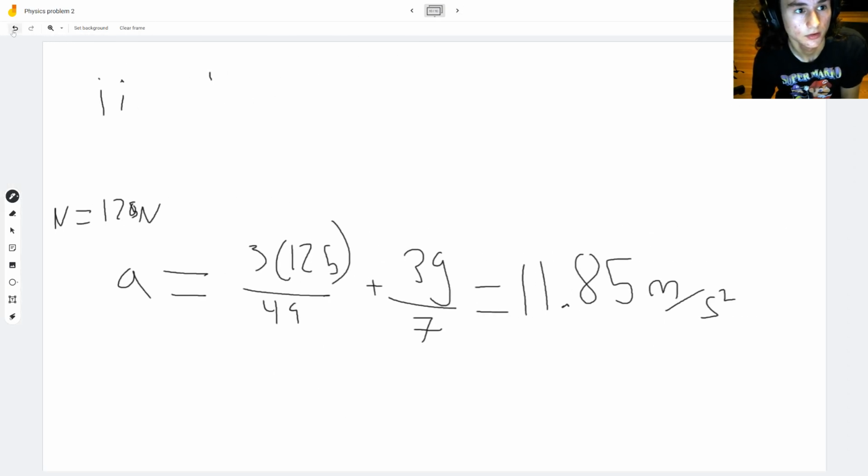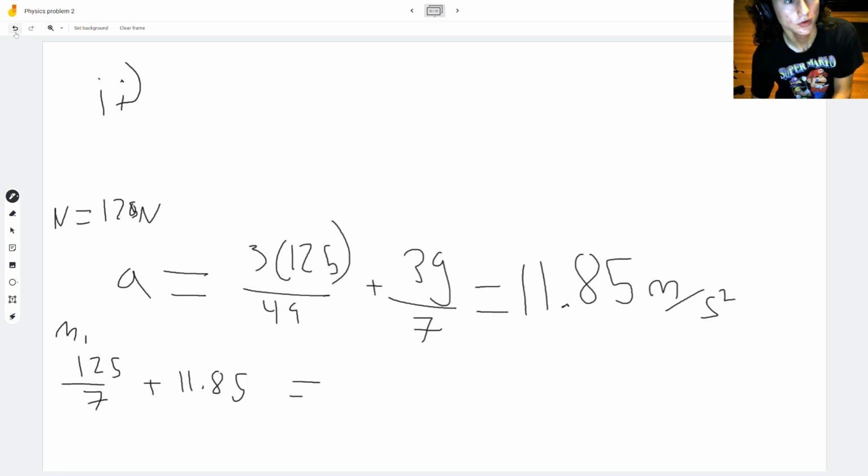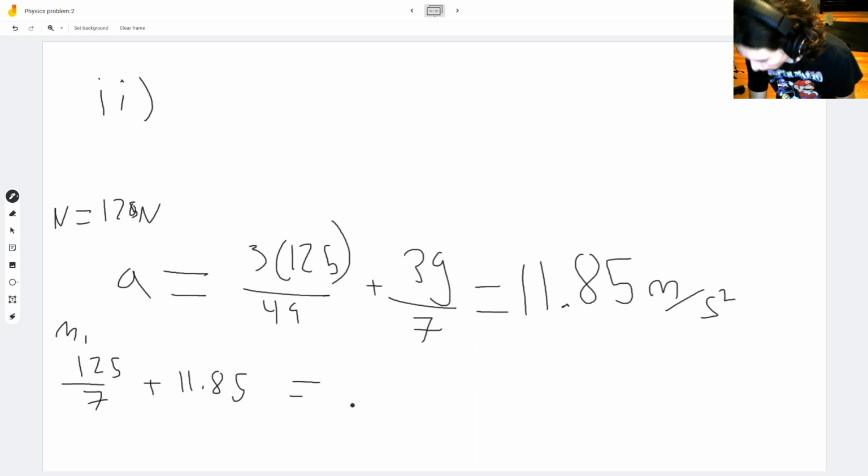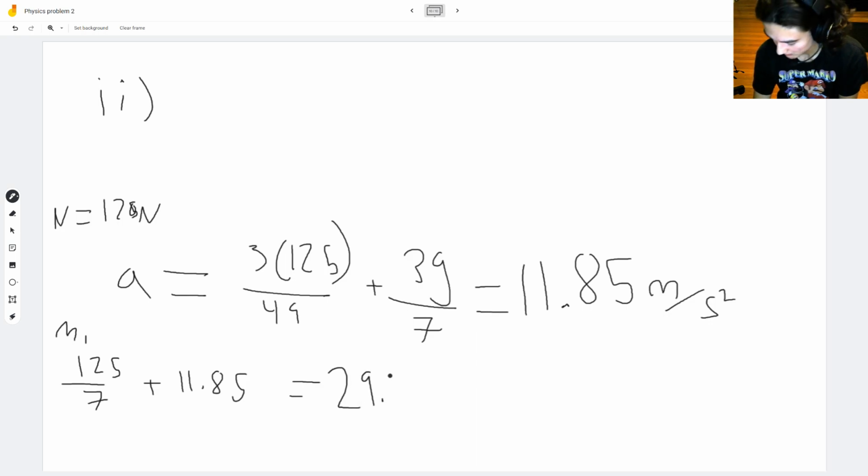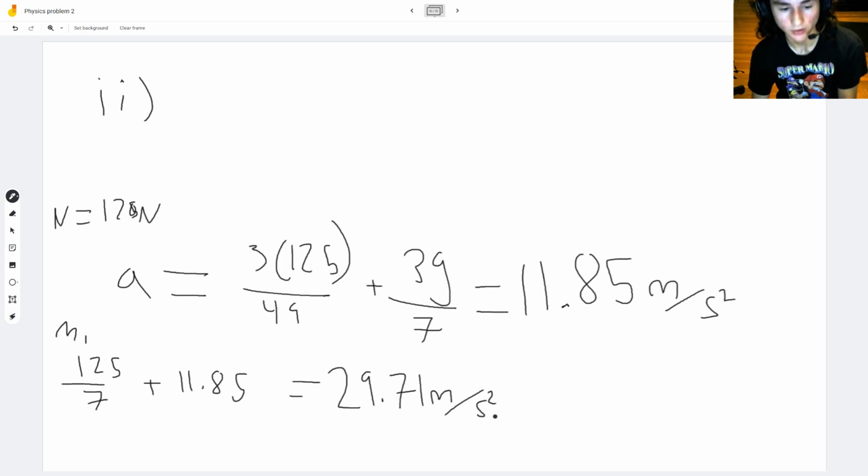I'm going to draw down here. 125 over 7. And then plus 11.85. So this will give us the value of mass 1 in problem 2. And the value for acceleration of mass 1 is going to be 29.71 meters per second squared.